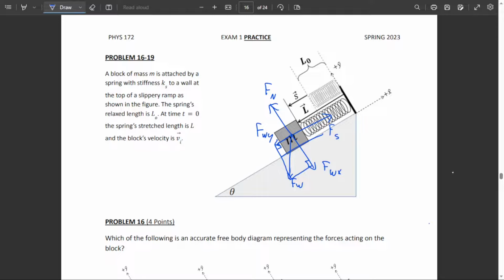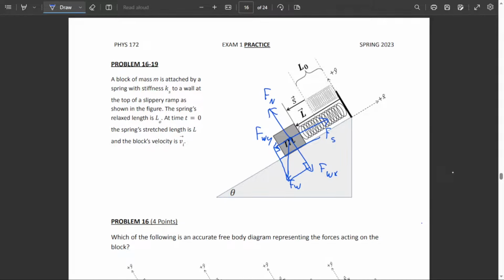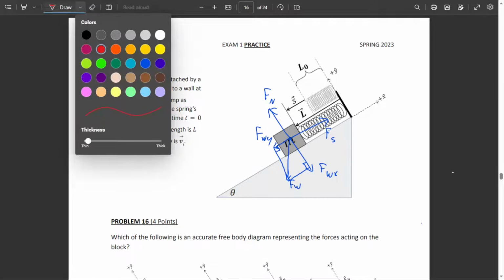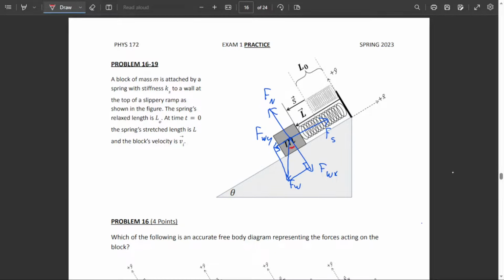So, I believe visually, this angle at the top, this one right here should be theta. I'm trying to think about how you would confirm that. Let me redraw this over to the side. So we have our angle theta, and then we have our FY direction.